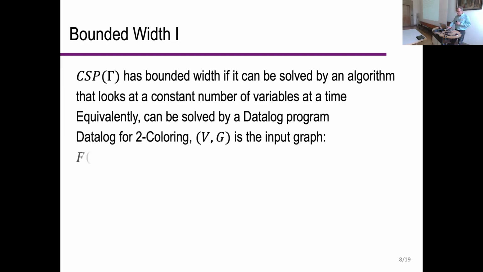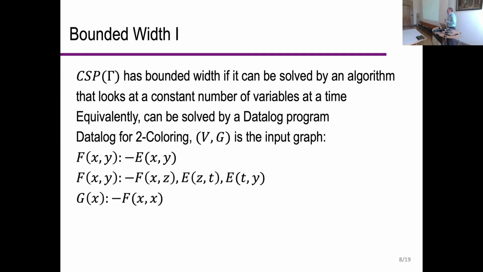So a simple example of a Datalog program, I claim it solves the two-coloring problem, bipartiteness. So that's the predicate, the H relation of my graph. This is an IDB, some kind of auxiliary relation. And basically it says the following. We initialize that auxiliary relation with the edge relation, and we can also add those tuples that satisfy this: exists Z and T, and also and.